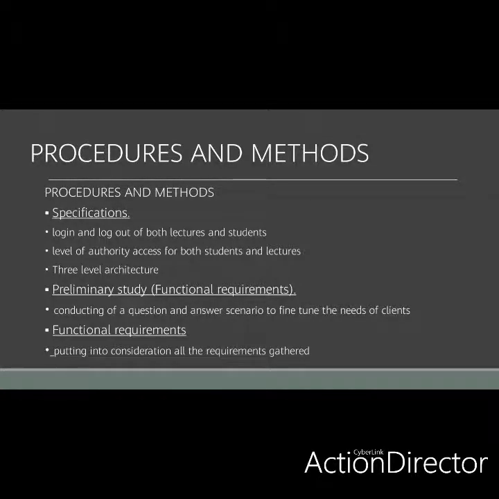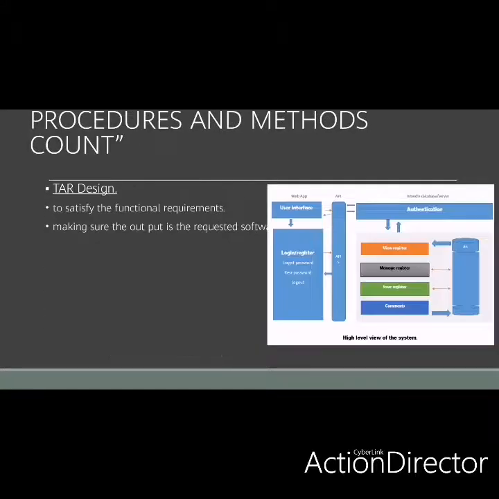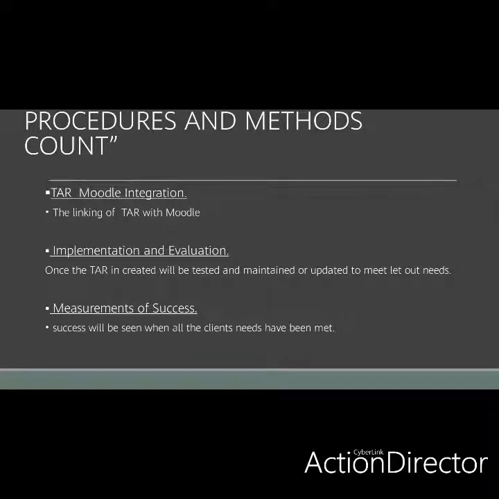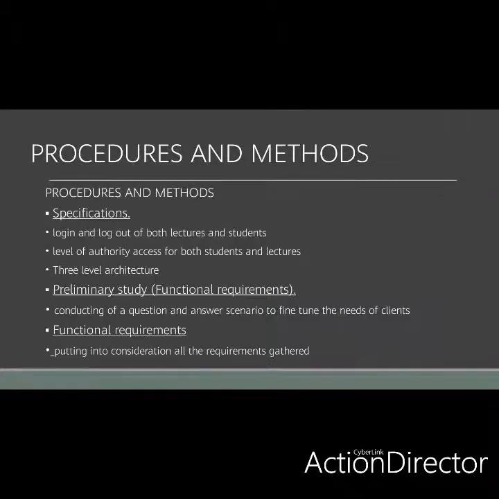Okay, taking it over from there, I'm going to talk about procedures and methods. The things to note here is we'll be talking mostly about specifications and the tier design, as well as the implementation and the measure of success. When we talk about the specification of the software, it has been made in such a way that it's going to have 3 layers, which we've termed a 3-level architecture.